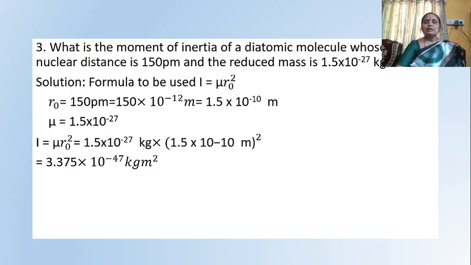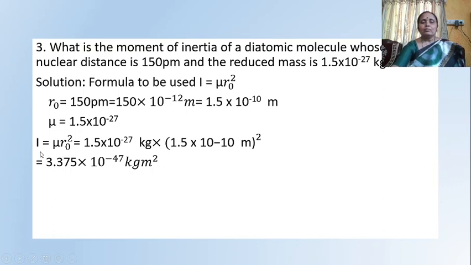But here, students, internuclear distance is given in terms of picometer. So because it is a picometer, I have to convert that into meter. It will be 150 into 10 raised to minus 12 meter. Pico stands for 10 raised to minus 12. This will be 1.5 into 10 raised to minus 10 meter. Reduced mass is given as 1.5 into 10 raised to minus 27 kg.